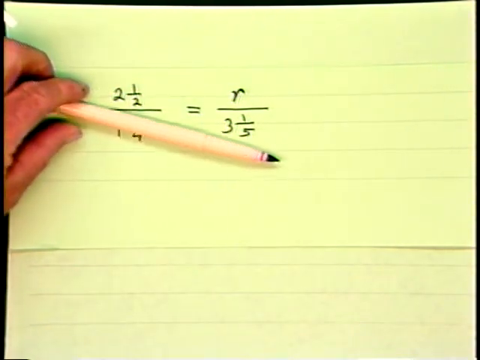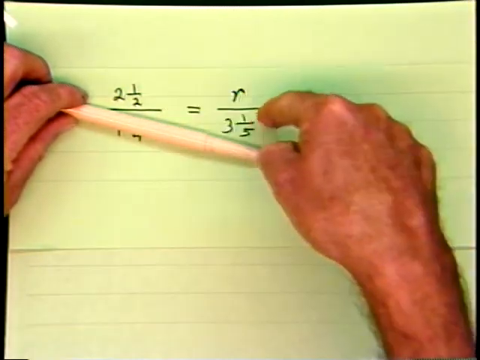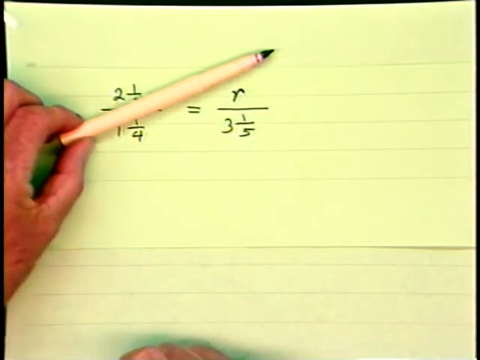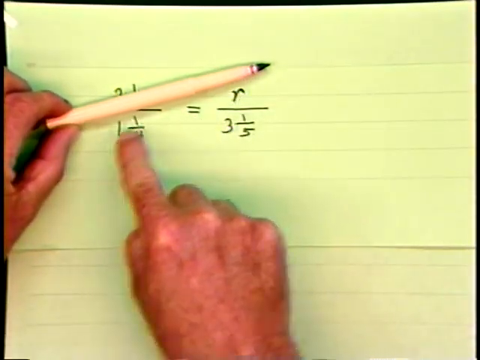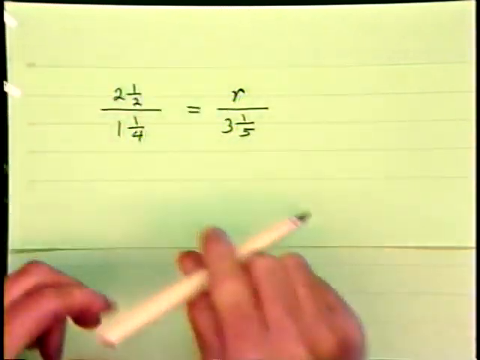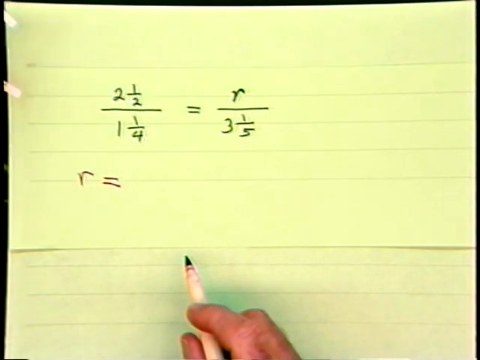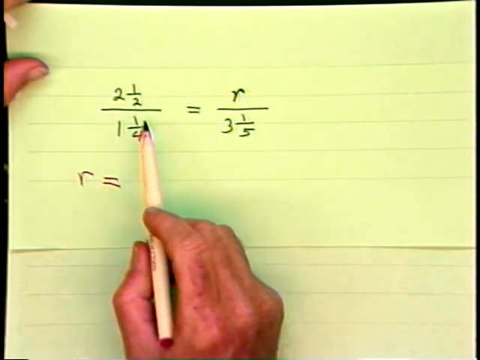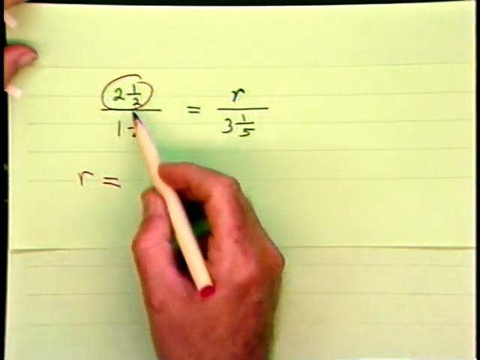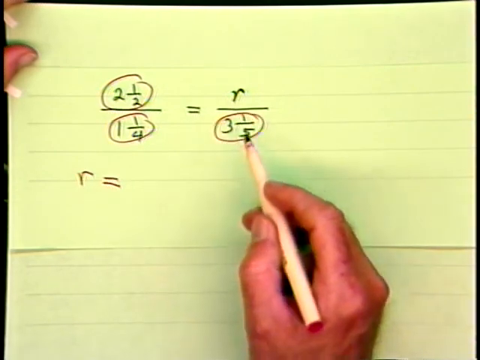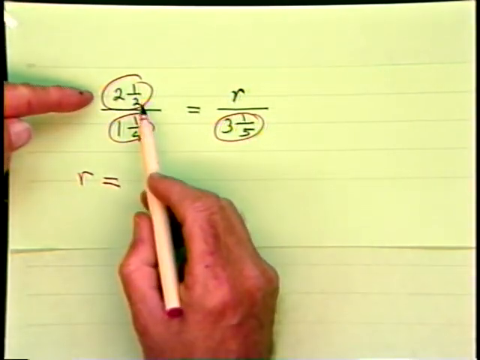I'm still going to multiply the 2 on the diagonal without the letter, and I'm still going to divide by the number on the diagonal with a letter in order to get, in this case, my value for r. We simply remember that if we're multiplying and dividing by mixed numbers, we changed everything to improper fractions first.